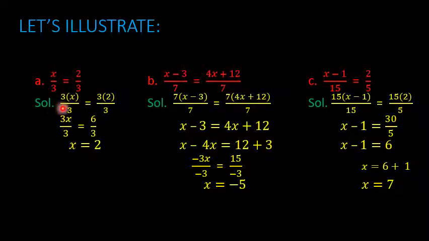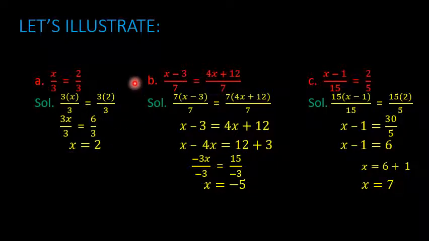So naay 3x over 3, then sa pikas 3 times 2, 6. I-divide nimo ang 3x by 3, makancel ning 3 og 3, so x na lang mabilin. Sa pikas, 6 divide 3, very good, 2. So, the value of x for example letter A is 2.